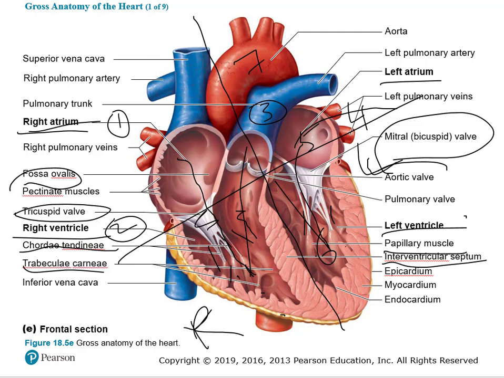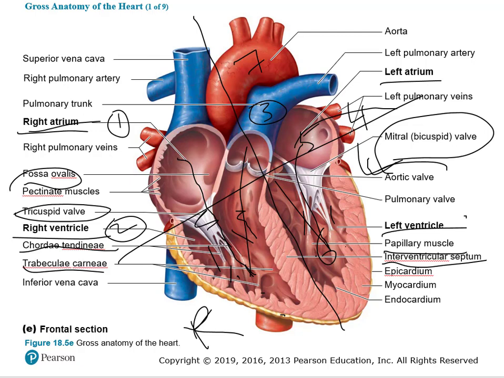This fossa ovalis used to be a foramen connecting the two atria in the embryonic stage. Because the lungs are non-functional in the embryo, the fetus does not breathe inside the womb itself.